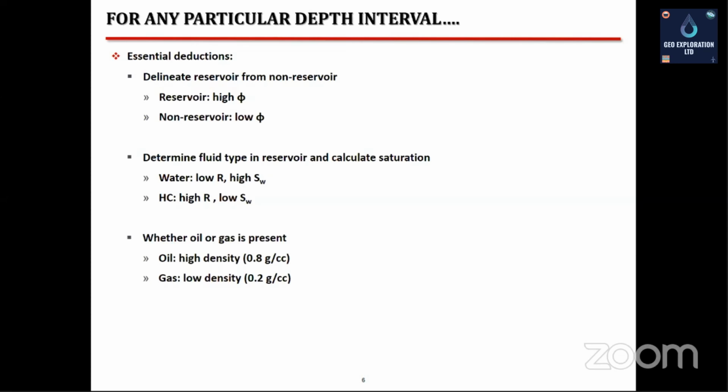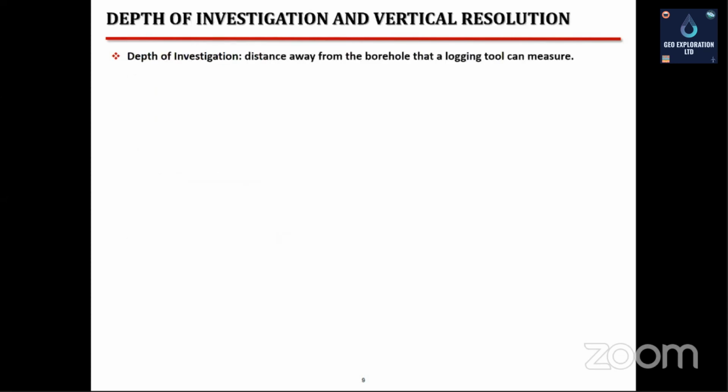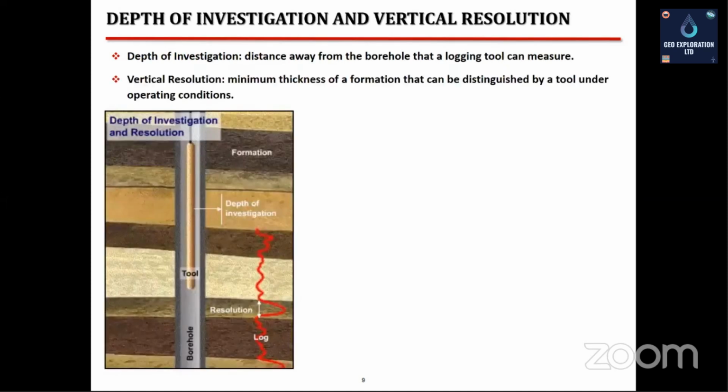The depth of investigation and vertical resolution. Depth of investigation is defined as the distance away from the borehole that a logging tool can measure. Vertical resolution, on the other hand, is the minimum thickness of a formation that can be distinguished by a tool under operating conditions.